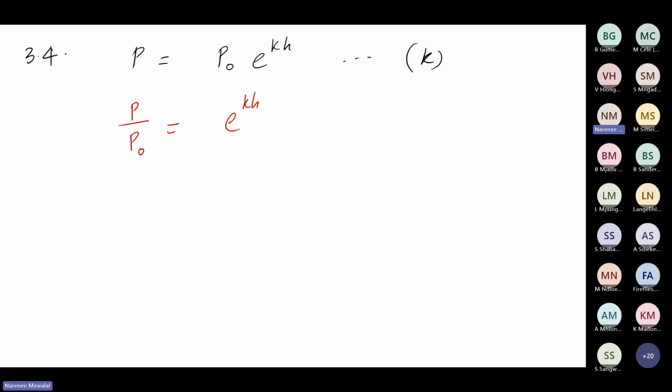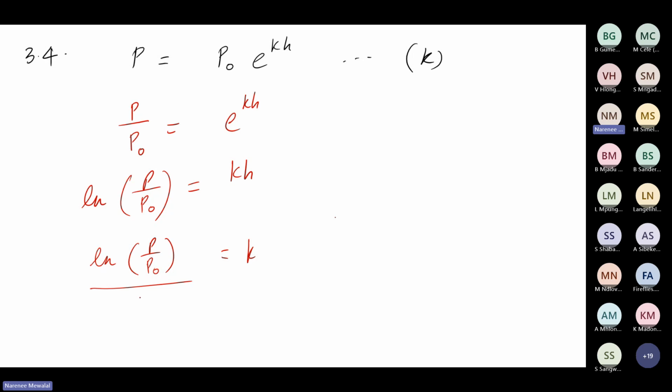E and ln go together. So you're going to have ln of p over p naught is equal to kh, and then you finally can make your k the subject of the formula, and you're going to say k is equal to ln of p over p naught, all divided by h.